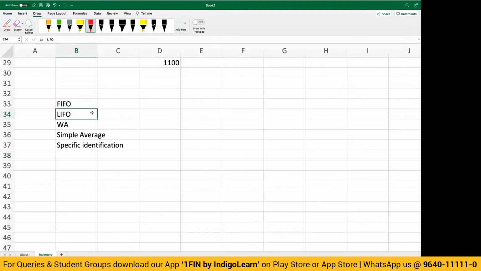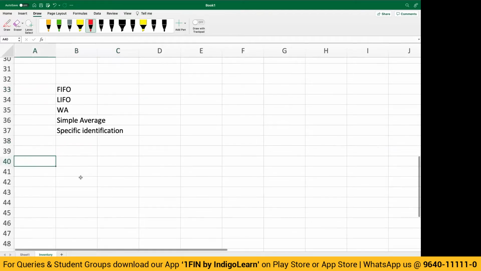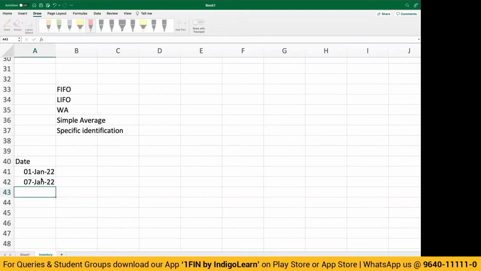Others can be used. FIFO is first in, first out. That is, there is an assumption that the inventory that is purchased first is sold first. So I'll take a simple example. Dates: 1st of January 22, 7th of Jan 22, 14th of Jan 22, and 31st of Jan 22.